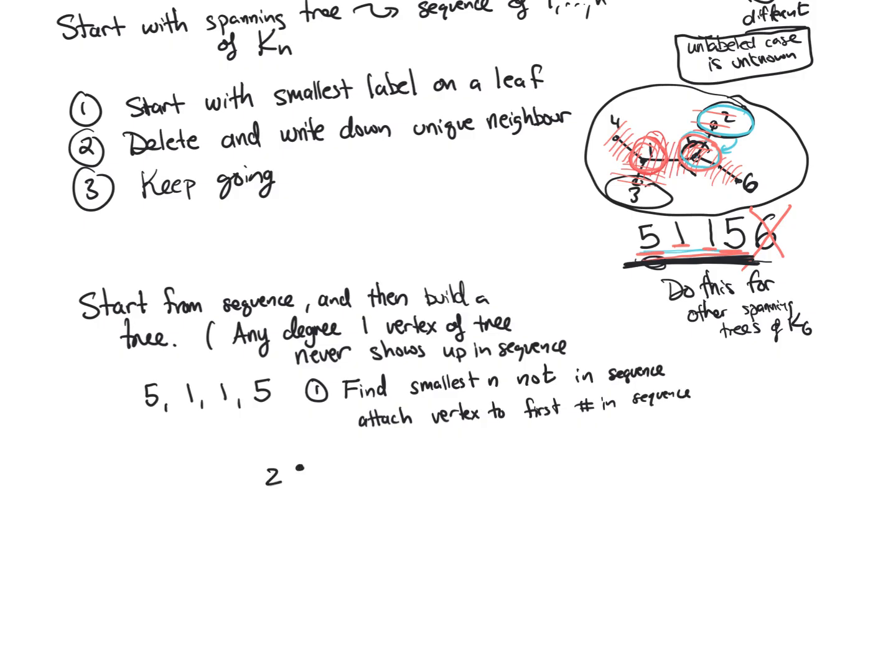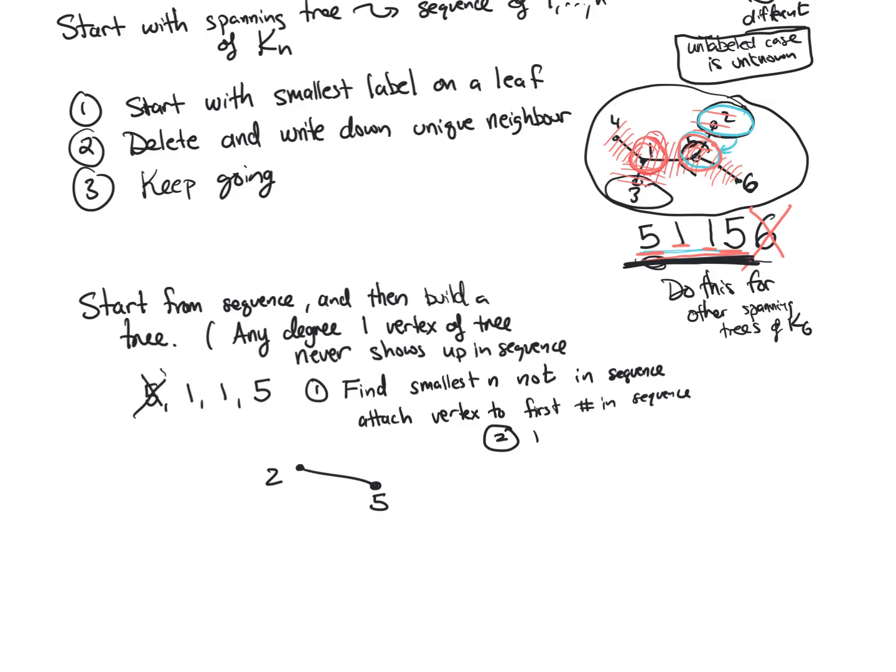So in our case, you start with 2, and the rule is you go to 5. Okay? And you just repeat this, deleting the first number from the sequence and keep going.